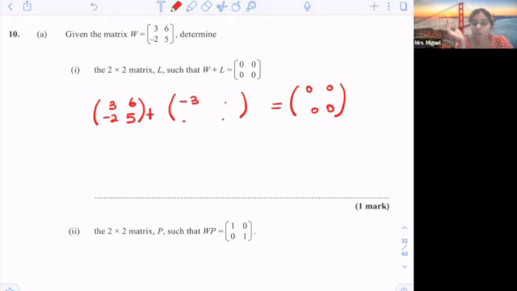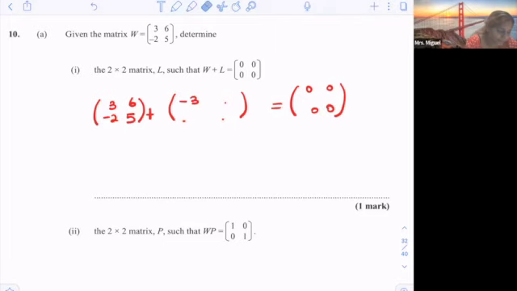6 minus how much will give you 0? So fill in the spaces here for me. So what value would here be?